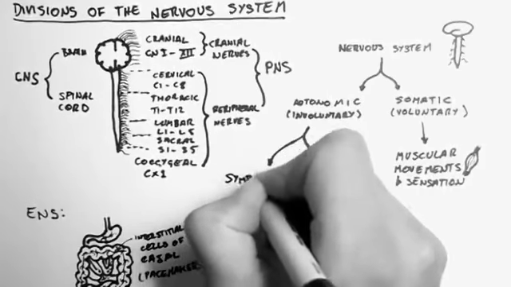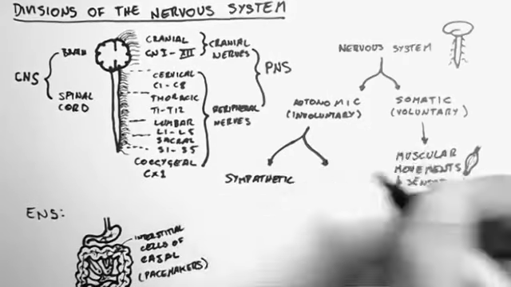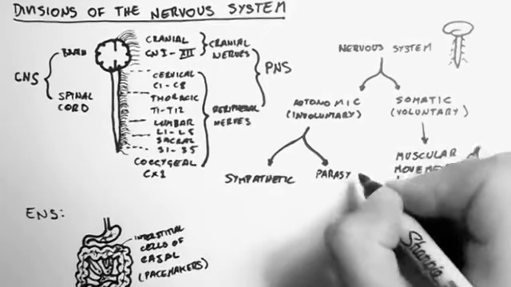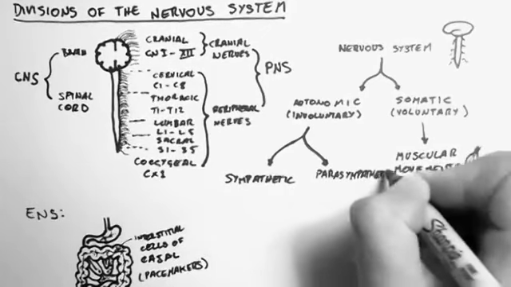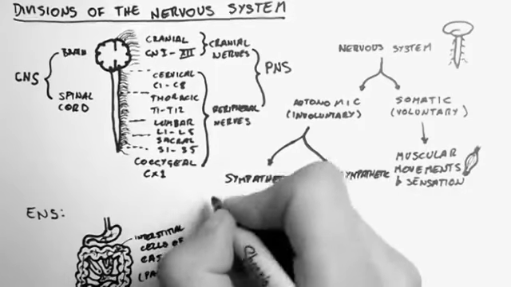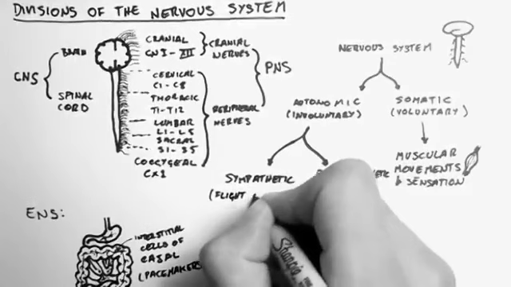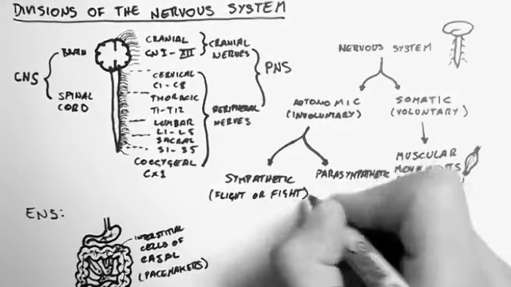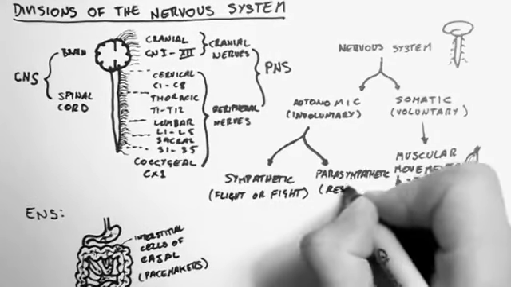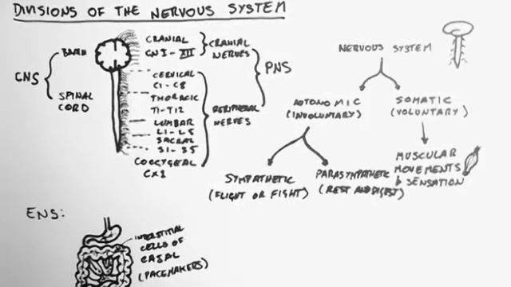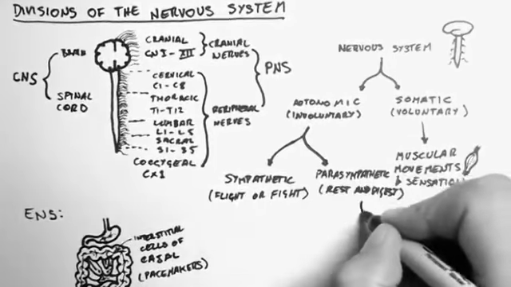And there are 2 branches of the autonomic nervous system, the sympathetic and the parasympathetic nervous system. The sympathetic is often known as the flight or fight response, and the parasympathetic as the rest and digest. This gives us a clue to what function these divisions have.